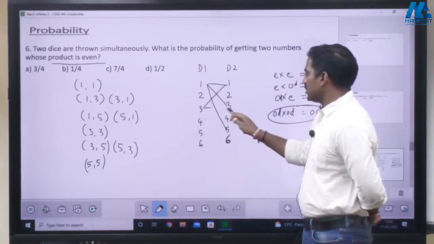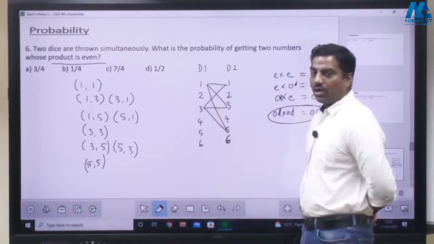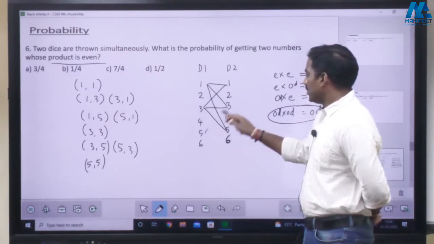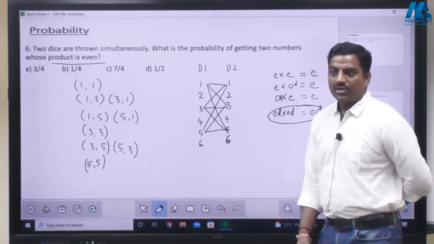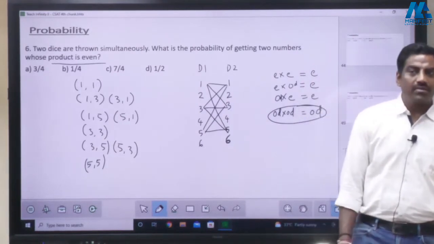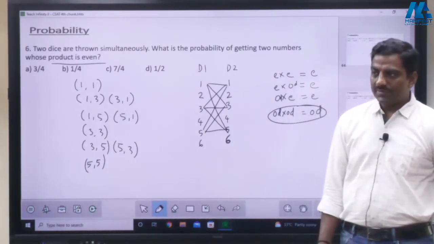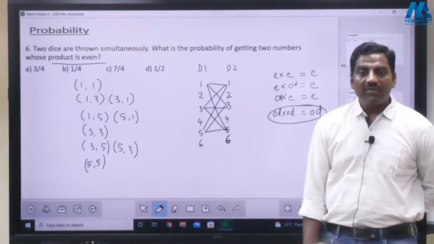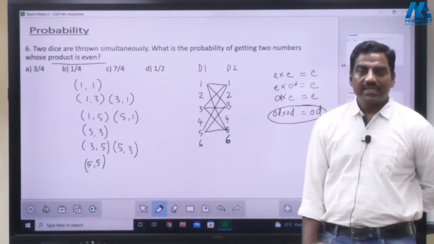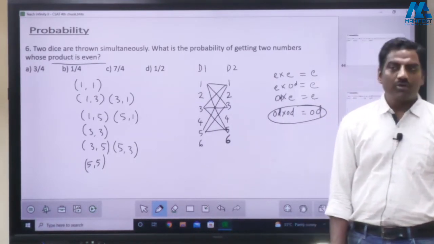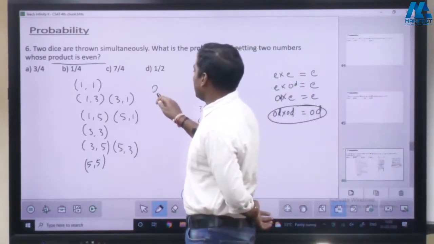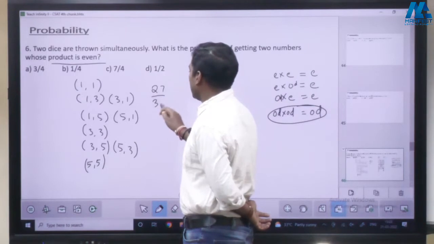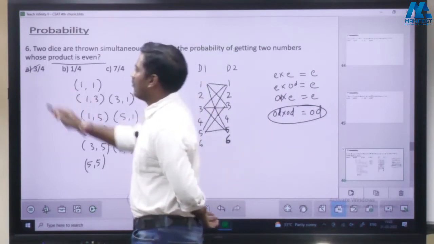So totally 9 products are odd, right? Apart from those, all others will be even. So from 36, subtract 9. What will you get? 27. So the probability is 27 by 36, that is 3 by 4.